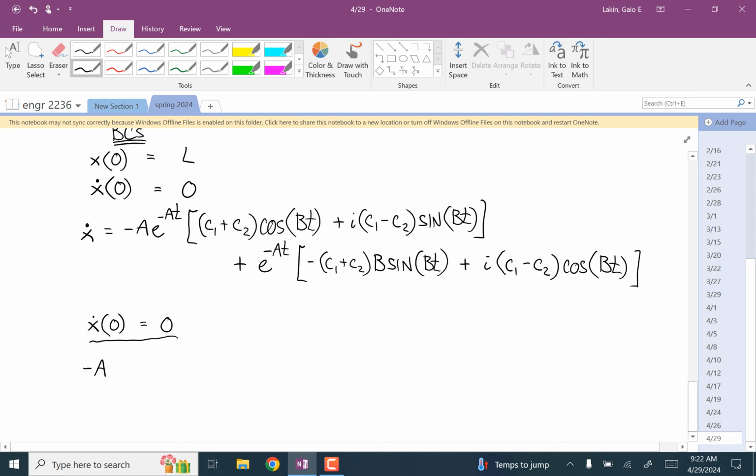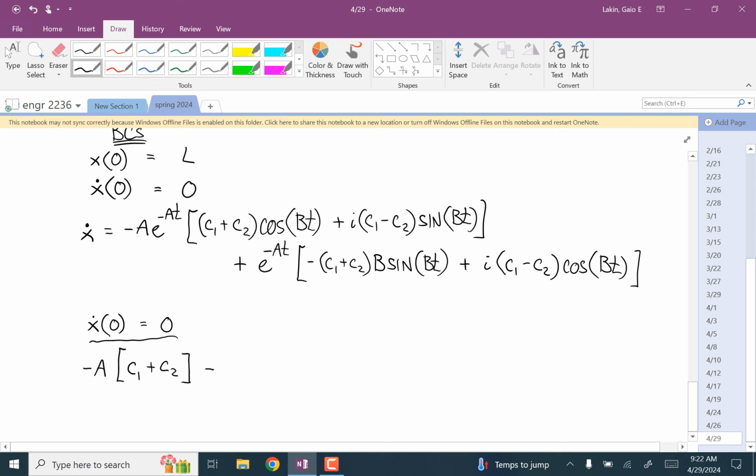Yep, 1, exactly. So I'll just write this as a. When t is equal to 0, what's cosine? 1. And so this is just c1 plus c2. When t is equal to 0, what's sine? 0. So, okay, we have this for the first bracket.